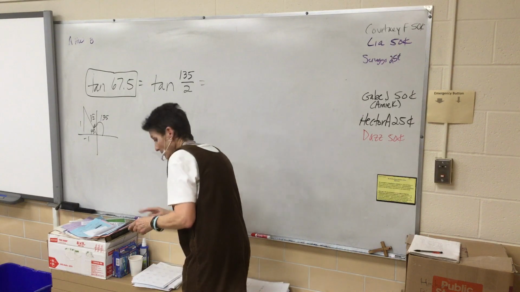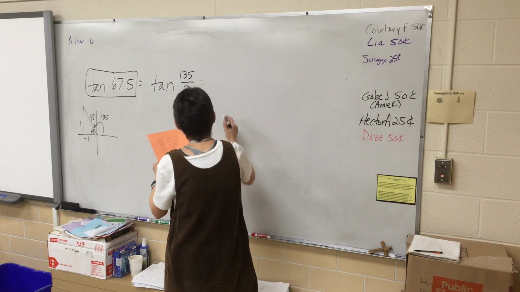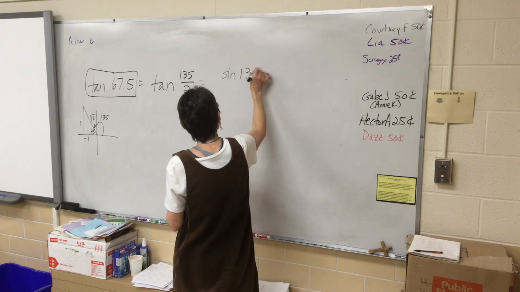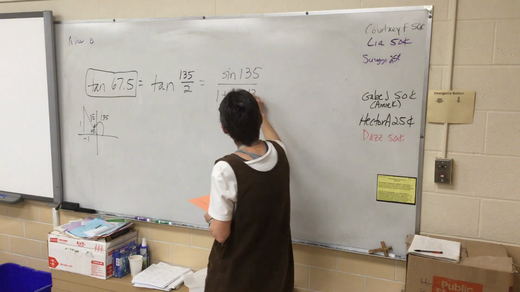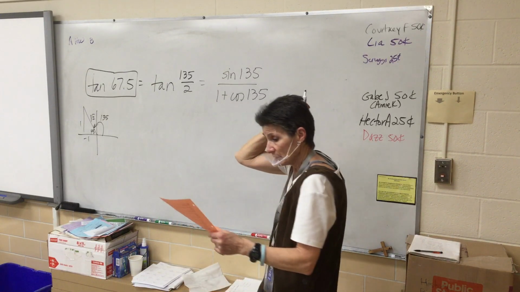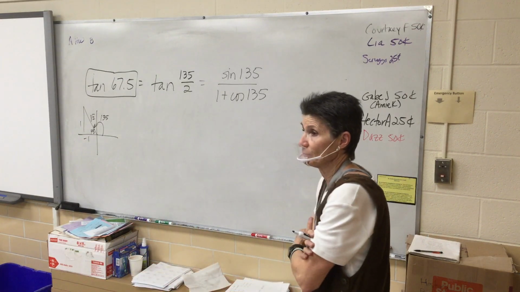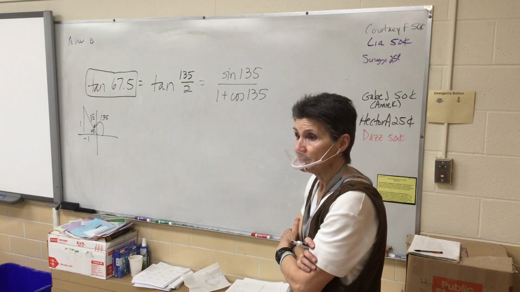Doesn't make a bit of difference. So that one says we take the sine of 135 and divide it by 1 plus the cosine of 135, if we use the typed formula instead of the handwritten one. Is that okay with everybody?